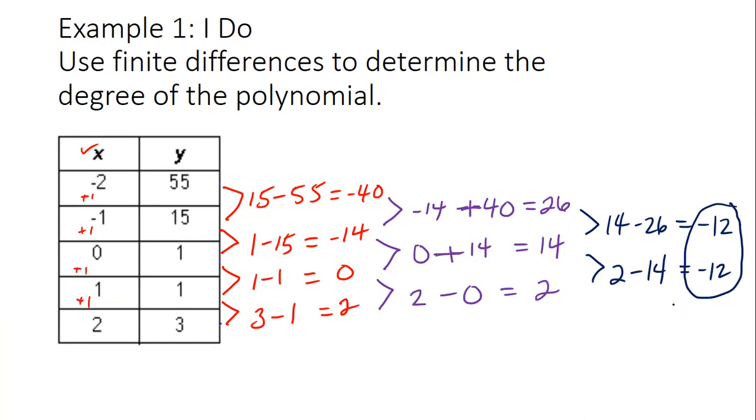We found our common difference. It's a cubic, a third degree polynomial. How many times did I have to subtract? My third difference was common, so this is a third degree polynomial.